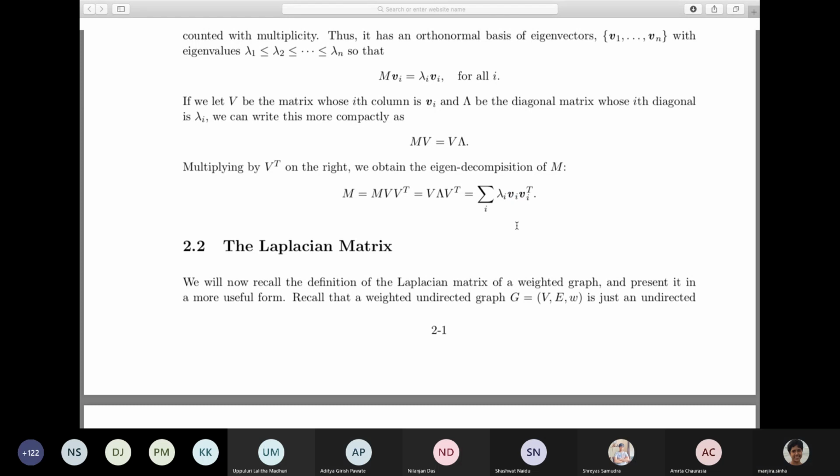What is the use of decomposing M into this kind? So basically, this eigenvalue decomposition is used in other downstream operations.